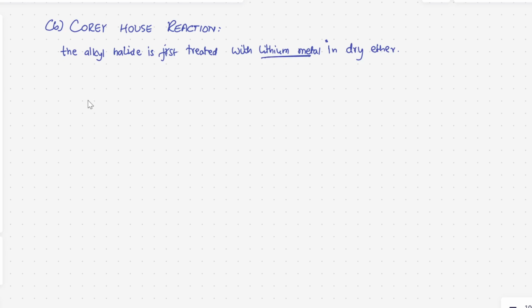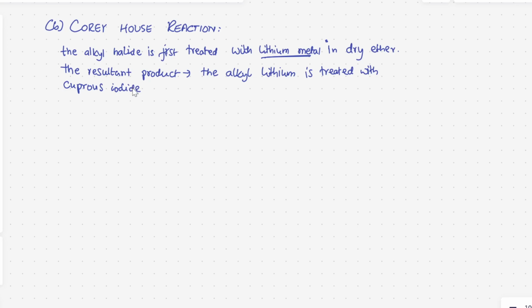So we take lithium metal here, that is crucial to note, and the resultant product is an alkyl lithium. The alkyl lithium is treated with cuprous iodide to form lithium dialkyl copper.